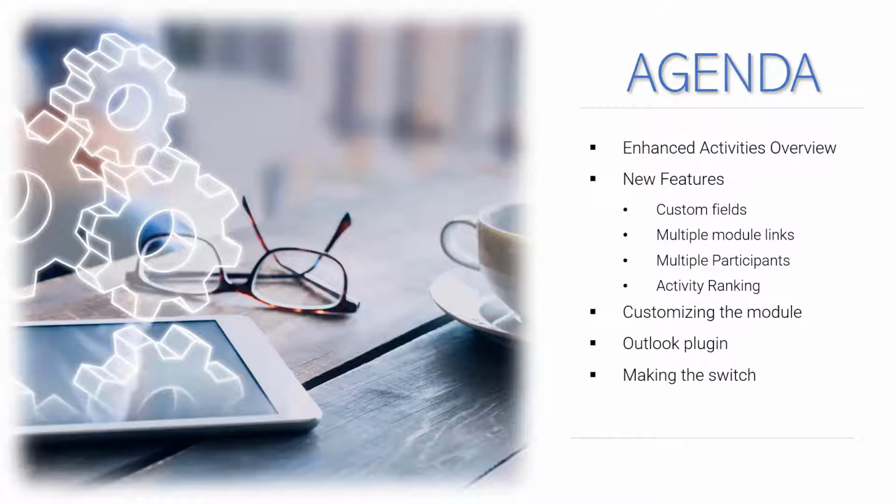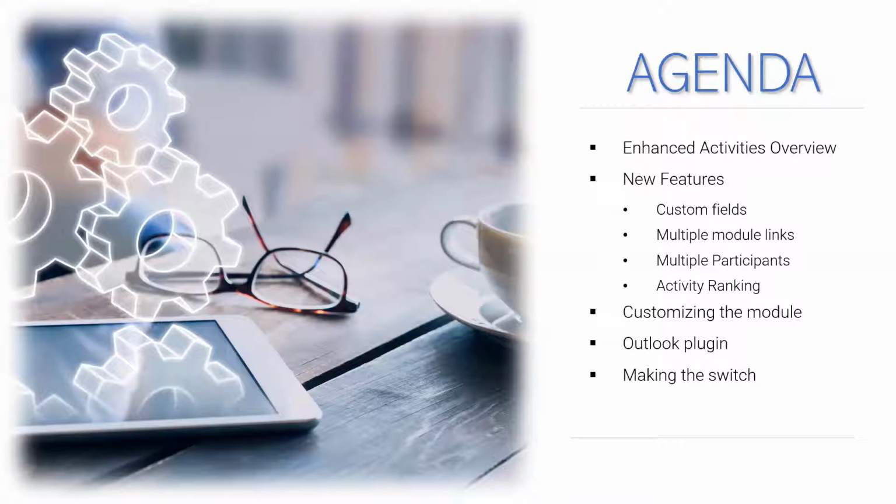The other thing that is really good for people is you're able to link your activity to multiple modules. That means that you can create an activity in the opportunity record, but you can also link it to a quote record, or you could link it to the account and the contact specifically.